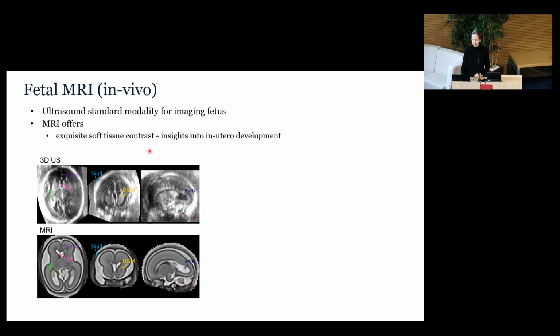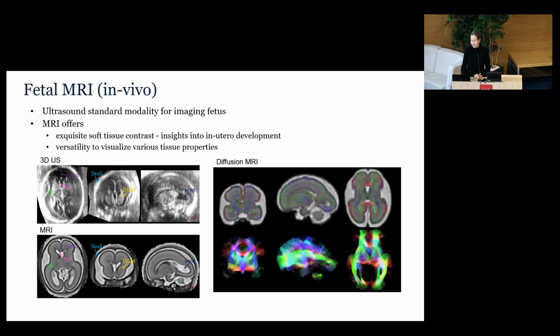We have exquisite soft tissue contrast, so we have insights into in utero development of the brain as a result. And also, we have versatility to visualize various tissue properties, and I will talk specifically about diffusion MRI in fetal brain today.